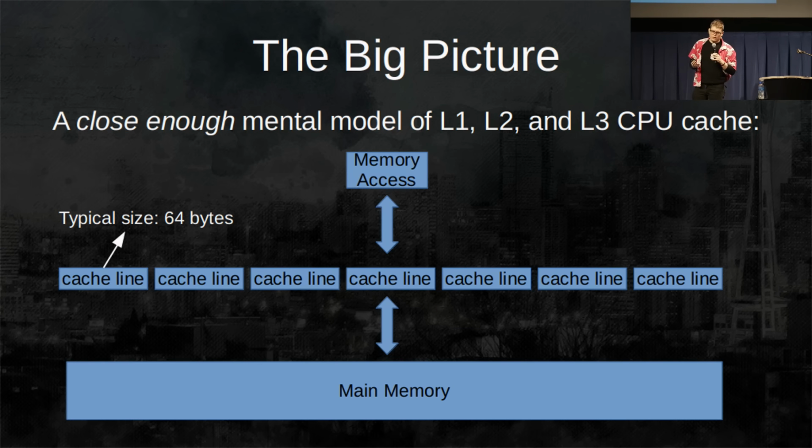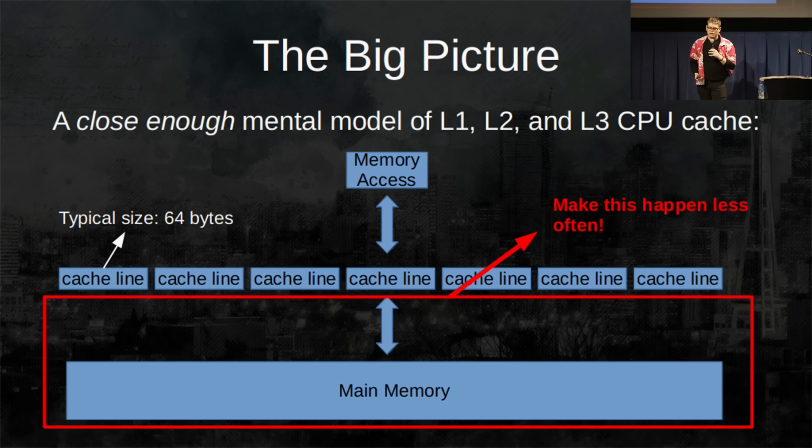So if you're going to access something from this part of a 64-byte chunk, and then you want to access something from the same 64-byte chunk, that's good. You're not going to evict a cache line. But if you access something really far away, you might require another cache line to get involved. You're going to increase the chances that you evict one, right? And so the whole point here is just don't have cache misses. That's the whole point, right?